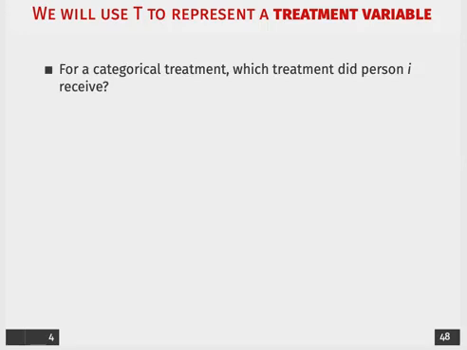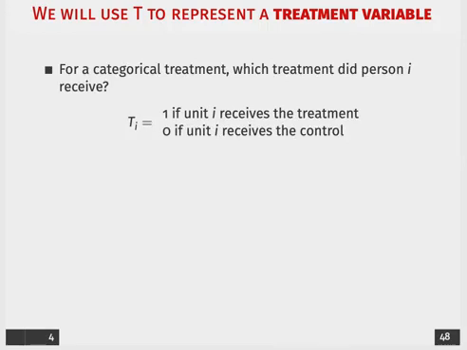And so an individual could either receive a canvasser to their door, that could be 1, and if they don't, that could be 0. You could also have the treatment be the content. So it could be one type of political message is the first category and another type of political message would be the second category.